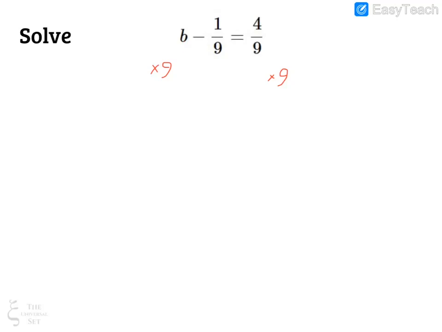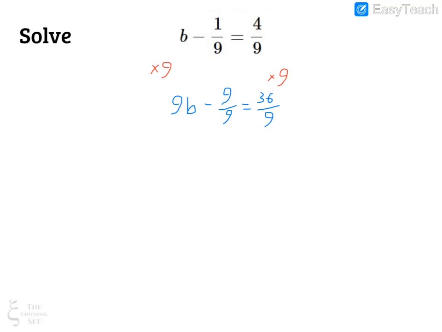So that's this term, and this term. So let's do that. So instead of just b, I've got 9b. Instead of 1/9, I've now got 9/9. And instead of 4/9, I've now got, 4 times 9 is 36, I've got 36/9.